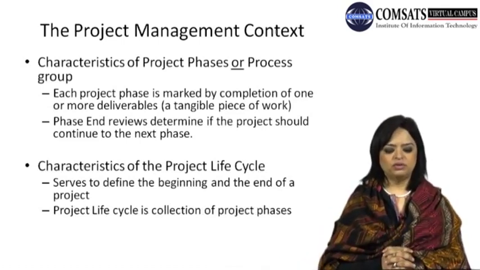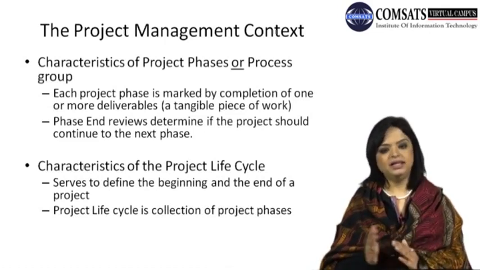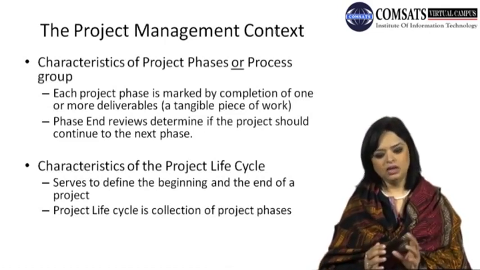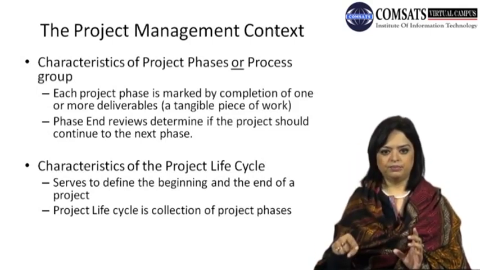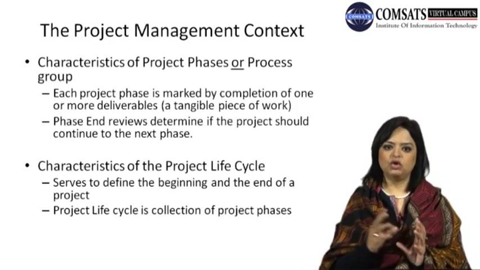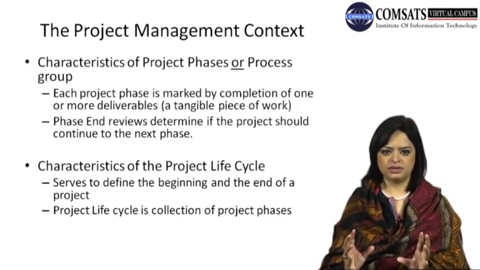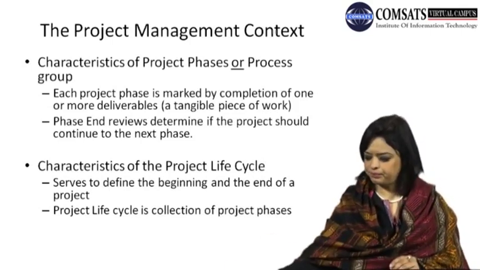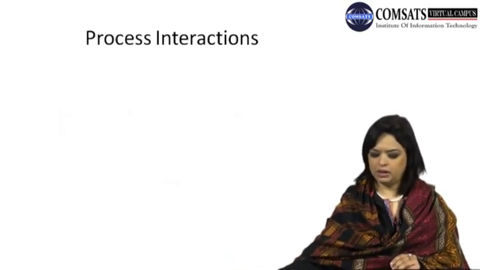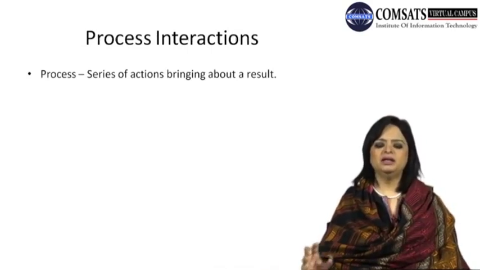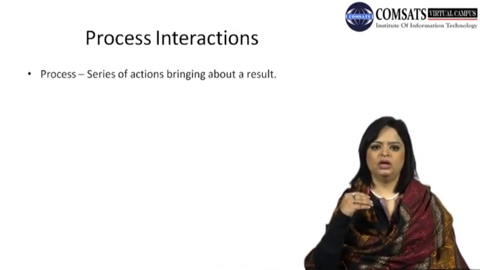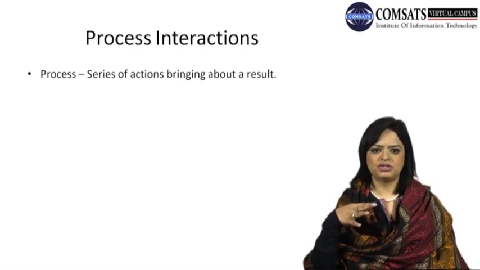The characteristics of the project life cycle serves to define the beginning and the end of the project. Project life cycle, obviously, if you look at the bell curve, is collection of all 5 project phases. When we define a project phase, it has many processes within each phase.